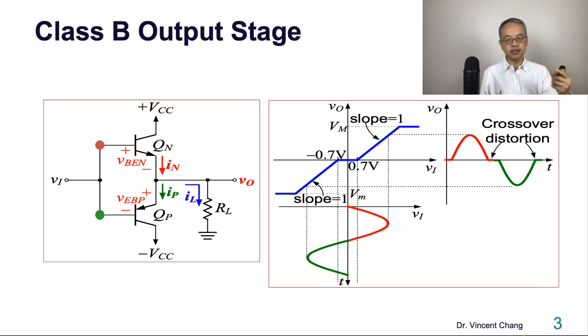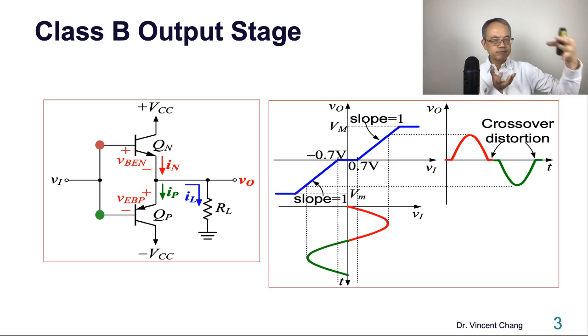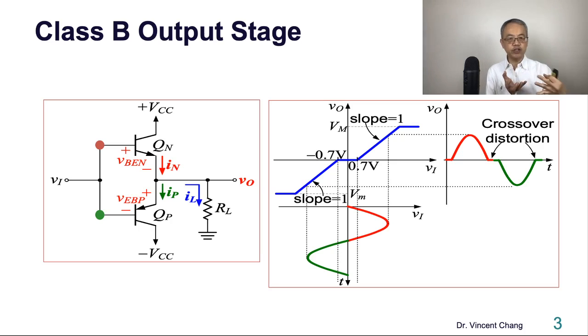There are several ways. The first way, which I told you before, is an op amp connecting the Class B output stage within a negative feedback configuration.